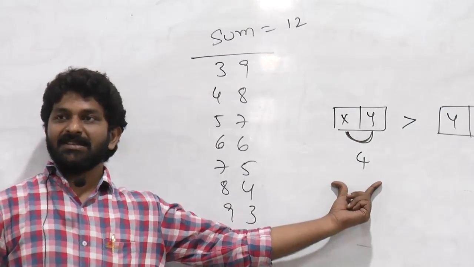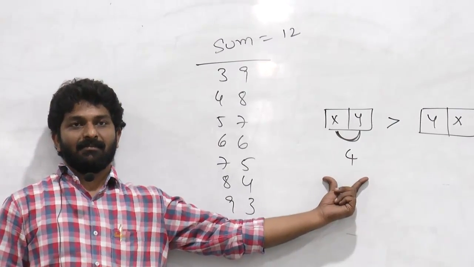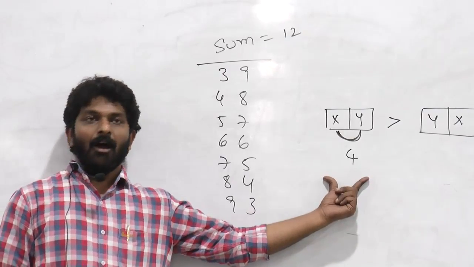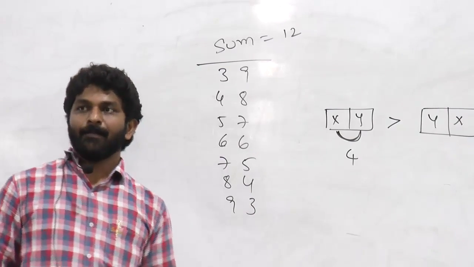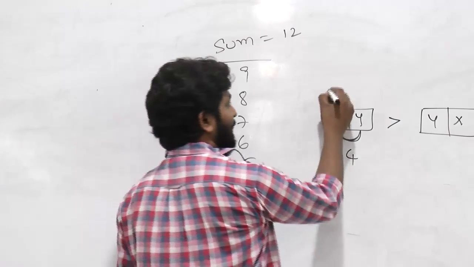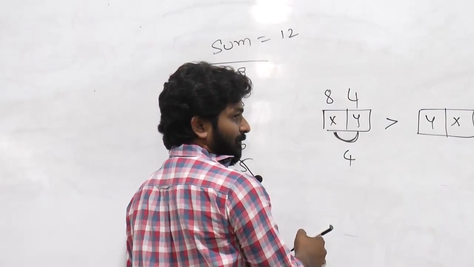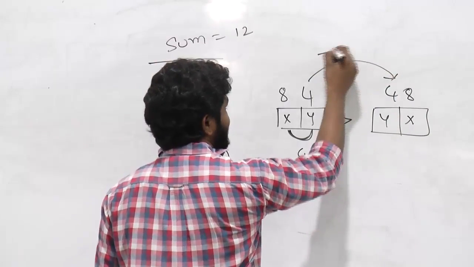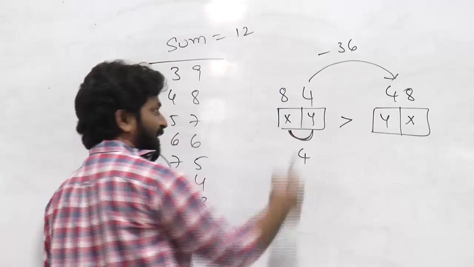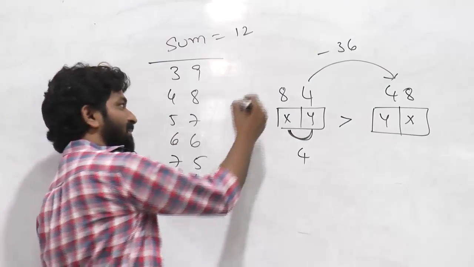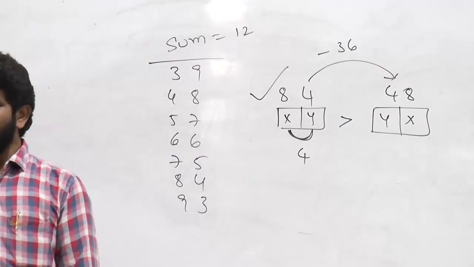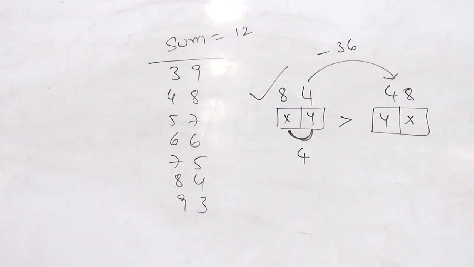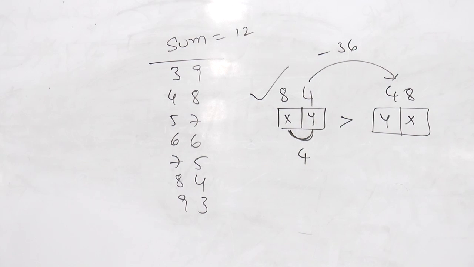Your first condition says the sum of digits is 12, where the difference is 4. How many possible numbers can you get? Only one, 84. And 48 is the interchanged number, which is 36 less than the original. So the 2-digit number is 84. You need only 1 and 3. You don't need the second information.